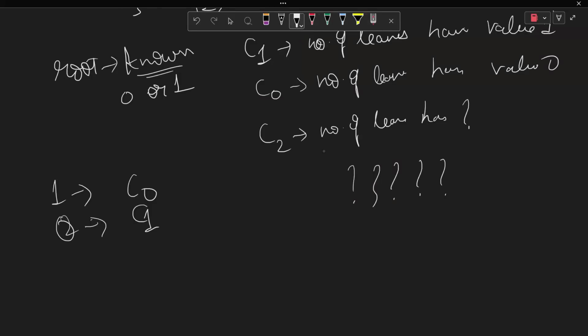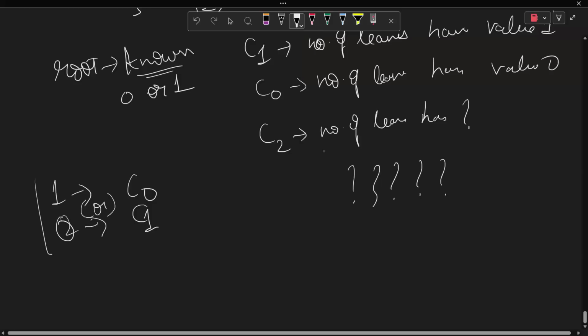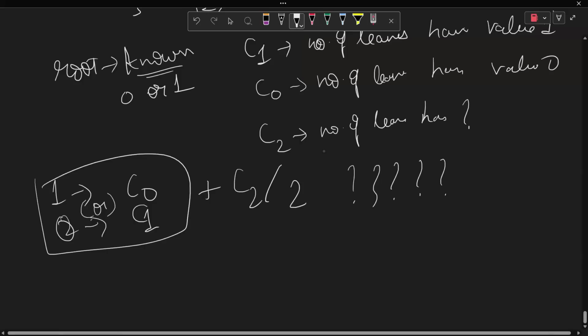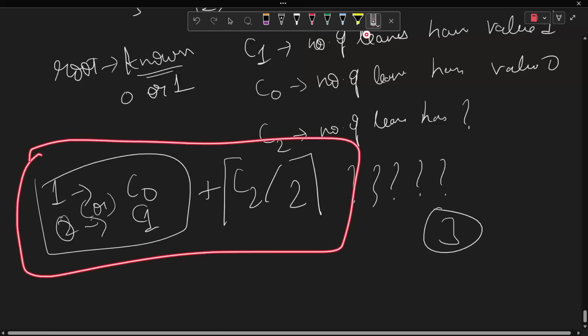So your answer is either C0 or C1, depending on the root being 1 or 0, plus the ceil of C2 by 2. Because Iris is starting first, if there are 5 question marks, Iris would take up 3. So this would be your answer when your root is already known.